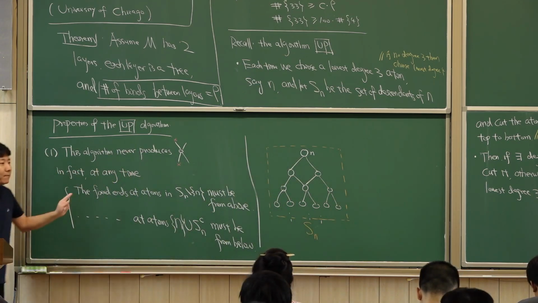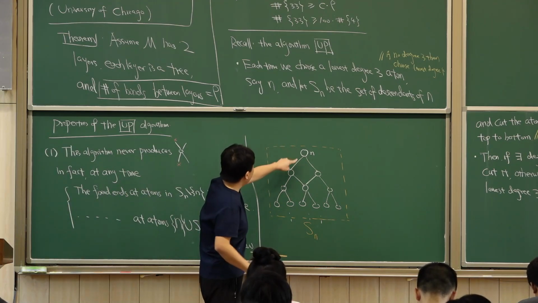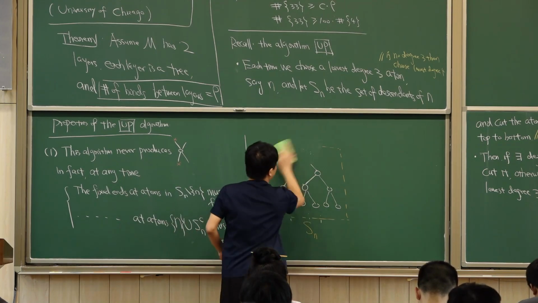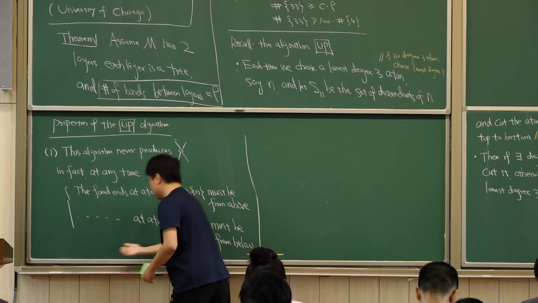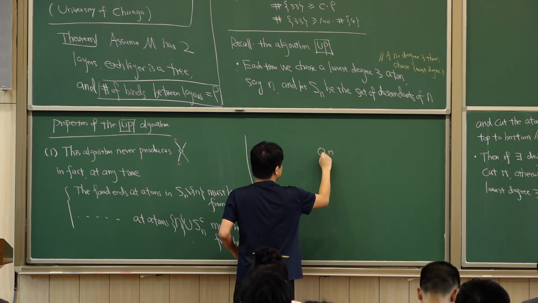Okay? So remember, at the time we choose this atom n, it is the lowest. I think I drew it wrong, so I should have only one. Let me draw it again. So this is n, and this has this.